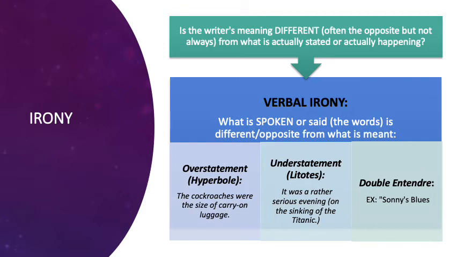Sunny means also sunny as in the disposition of being happy, like S-U-N-N-Y. But it's ironic because he's not happy. He's blue. But also Sonny has another meaning because it's S-O-N-N-Y, as in Son of God. Christ was the Son of God, and Sonny is a Christ figure in the story.